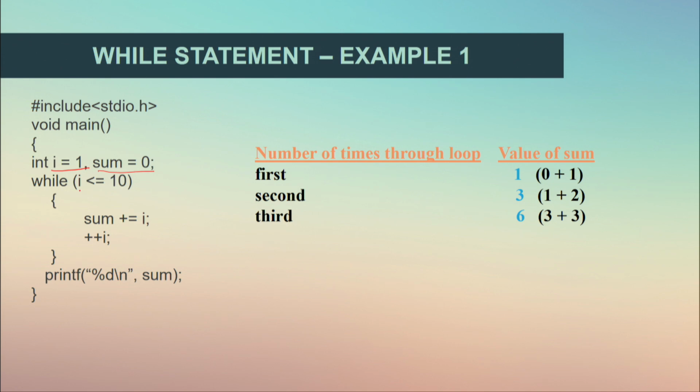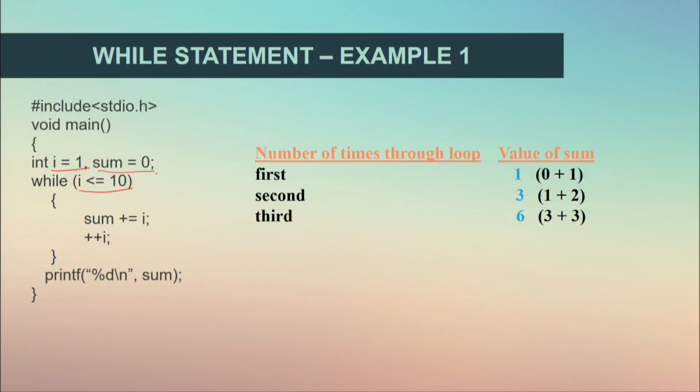I use i less than or equal to 10 as the condition for checking whether the loop is to be continued or not. Initially, for the first iteration, the i value will be 1. When the i value is 1, the while condition checks whether 1 is less than or equal to 10 in the first iteration.